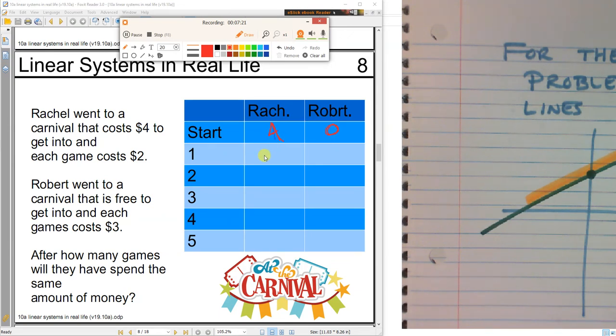Rachel, each game costs $2. So she plays one game, she's up to 6, 8, 10, 12, 14. Robert, everything is $3. 3, 6, 9, 12. Where does it meet? It meets at 4.